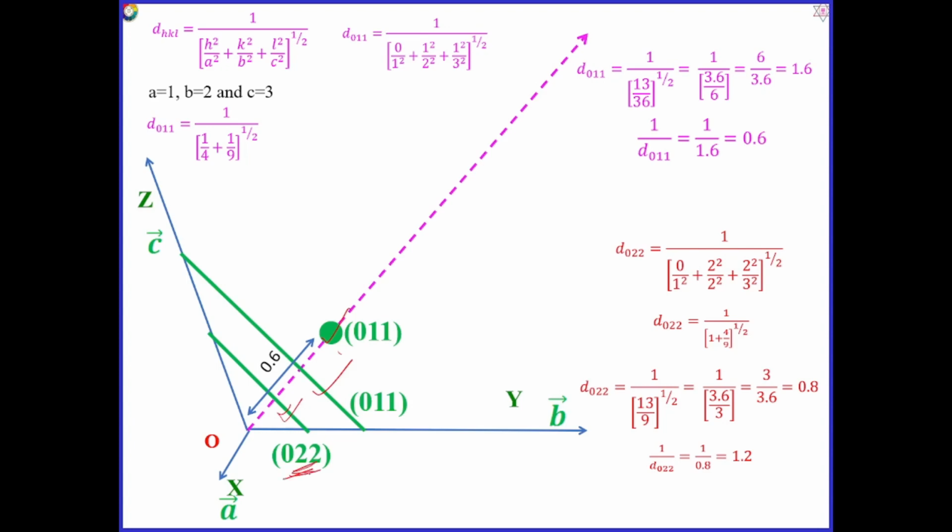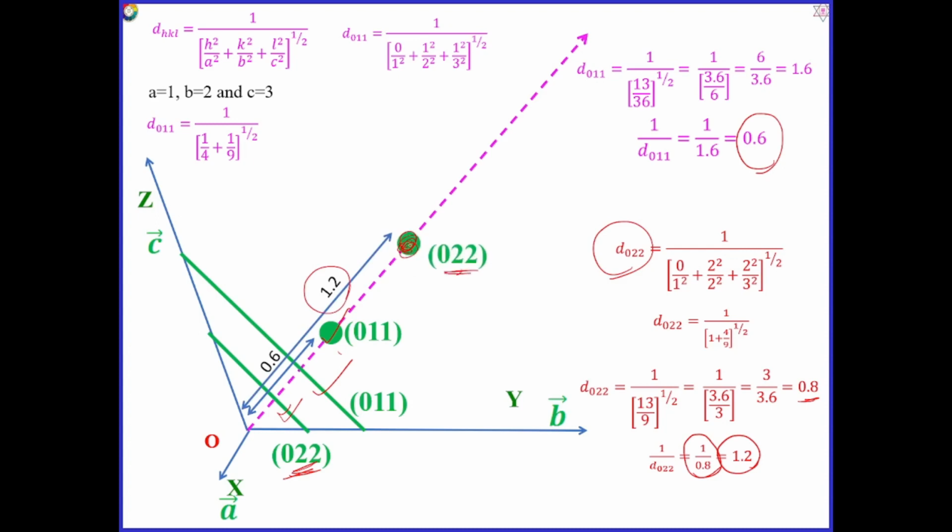If we calculate D022, the value will be 0.8. So the reciprocal of 0.8 will be 1.2, just double of this value. Hence, at the distance 1.2, we are going to locate the point that is your 022.